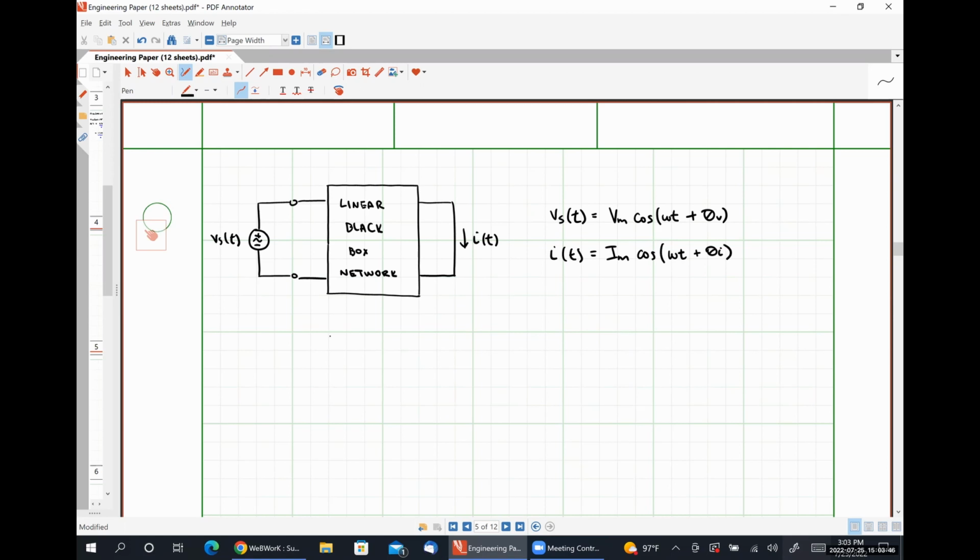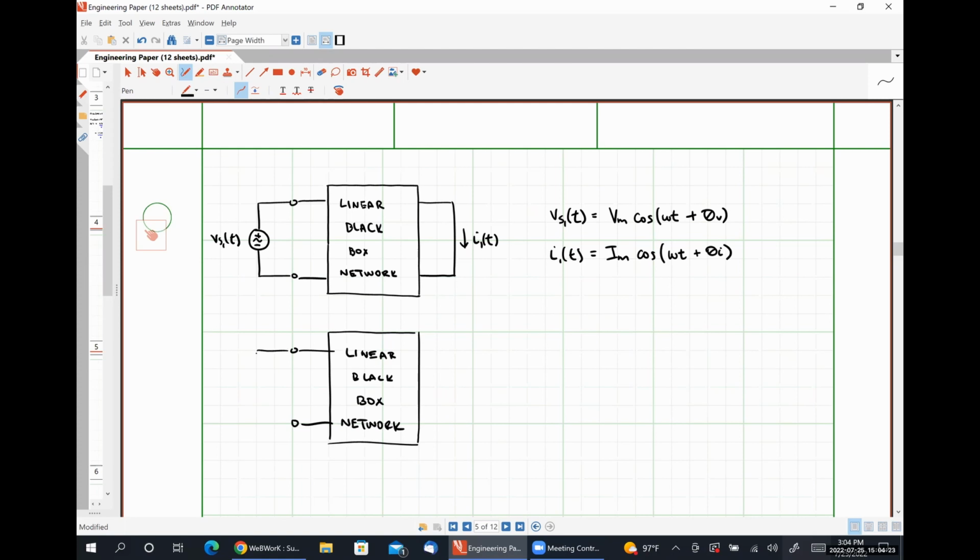Now let's say that we take that same black box network and we change things very slightly. Let's call this VS1 and I1 just for the sake of argument, because I'm going to wind up using the additivity property of superposition here in a moment.